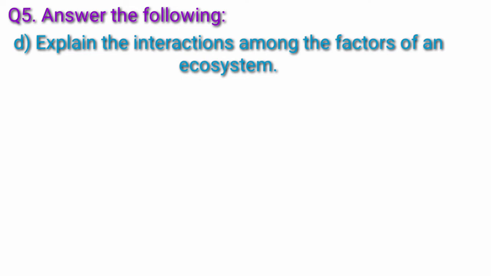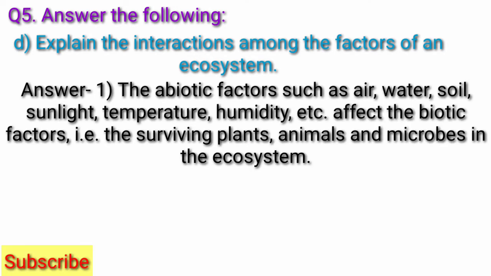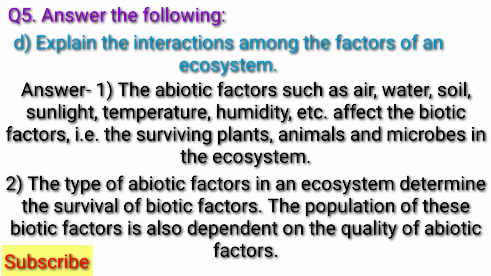Question D. Explain the interactions among the factors of an ecosystem. Answer. The abiotic factors such as air, water, soil, sunlight, temperature, humidity affect the biotic factors, that is the surviving plants, animals and microbes in the ecosystem. The type of abiotic factors in an ecosystem determine the survival of biotic factors.